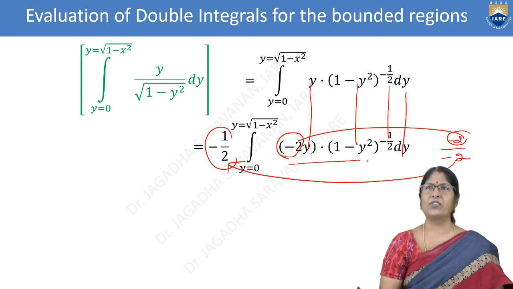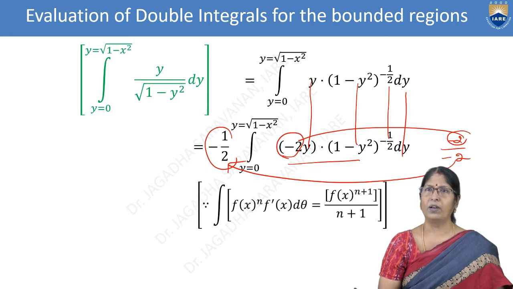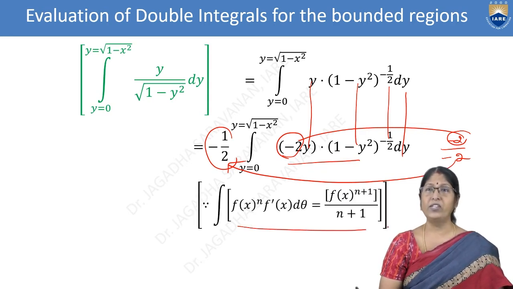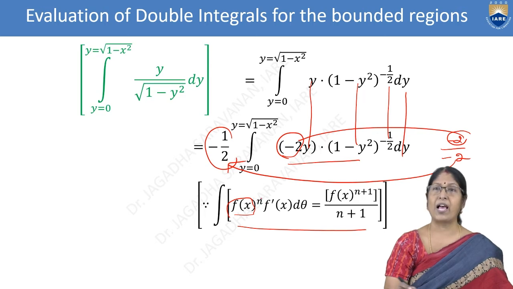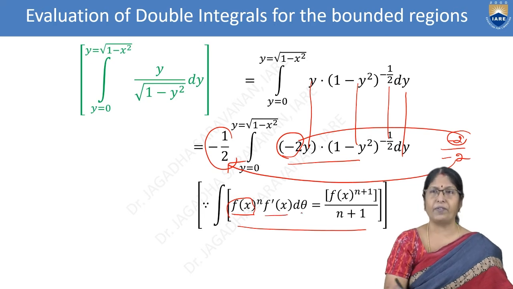The answer is, we want to make our integration very easy, so we are going to take help from an easy integral formula. That is, f of x has some power n, and we take the first derivative, that is, we differentiate one time.